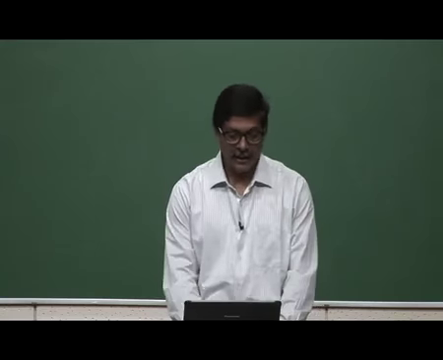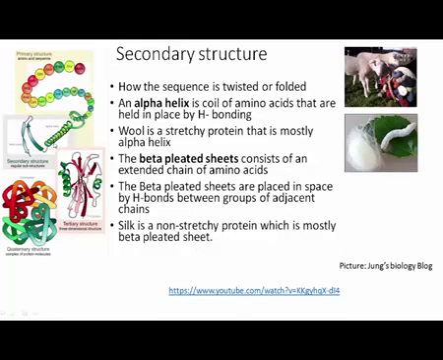For example, an alpha helix, which is shown here, is a coil of amino acids held in place by hydrogen bonds. There are hydrogen bonds formed between one portion of the polypeptide and another portion of the polypeptide, which we will probably look at in much more detail later on.